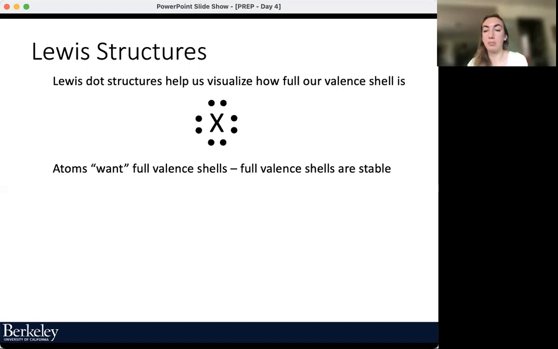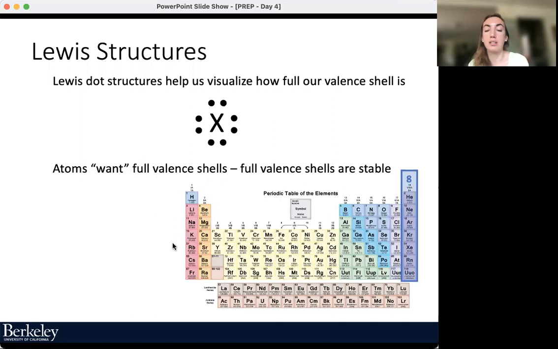Okay. So this is just a way of drawing how many valence electrons we have. And like I mentioned before, full valence shells are really stable. So anytime an energy level is full, that atom is really stable. So these elements in the far right column that have full valence shells are really stable, and we draw them like this.